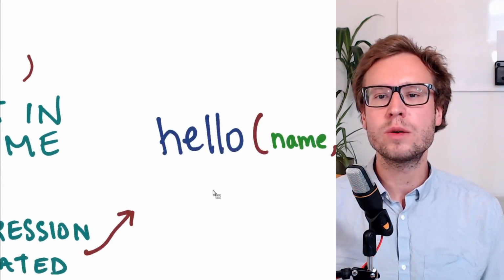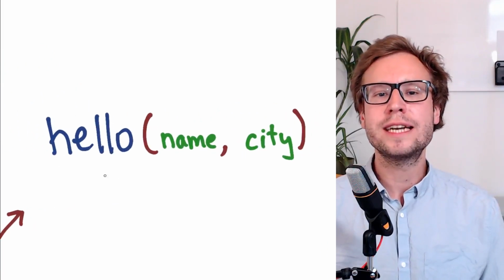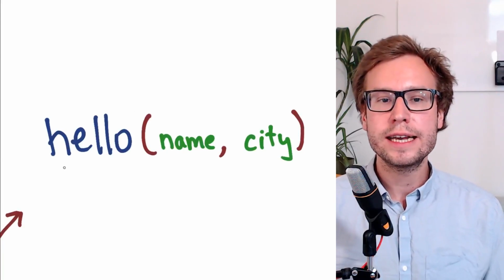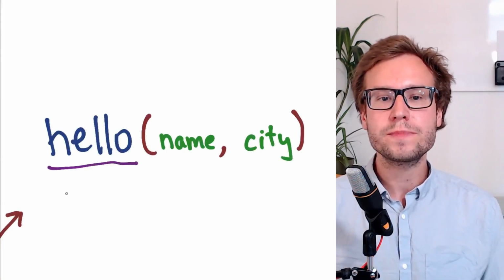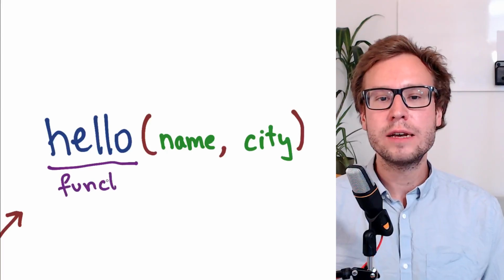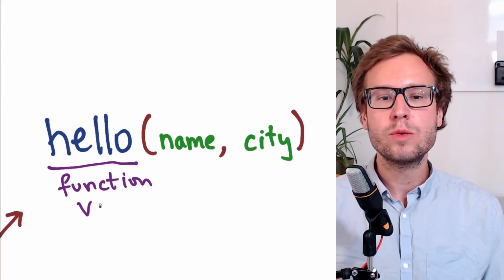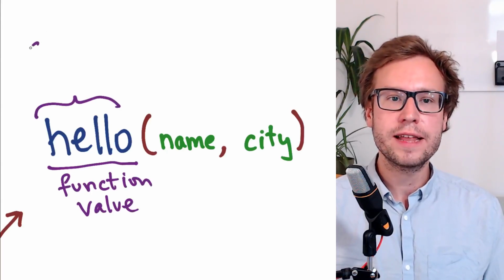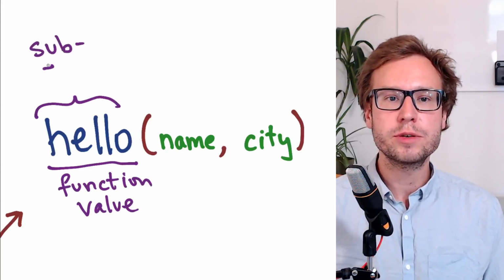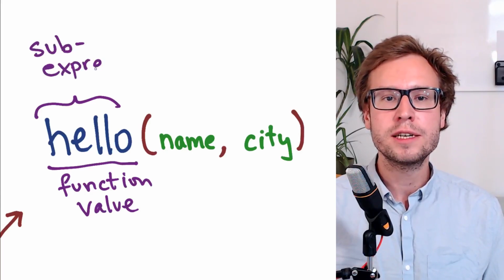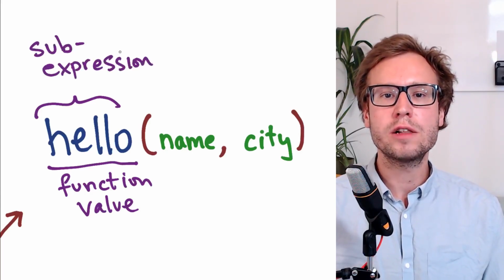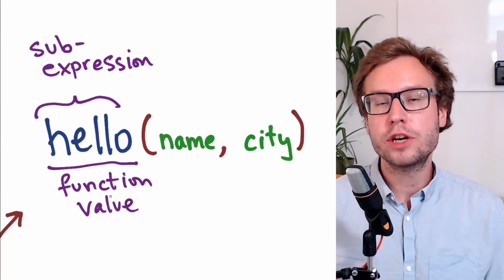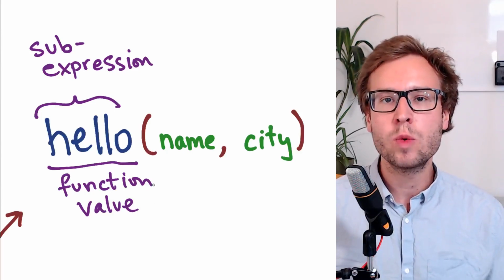So what does that look like? Well, we know what that looks like. If you've ever written any JavaScript at all, then you've seen what a call expression looks like. It is composed of, here on the left, an expression, and let me clarify, that is a sub-expression. So it's just an expression that is part of this call expression, which evaluates to a function value. In other words, this is the function that we want to call.